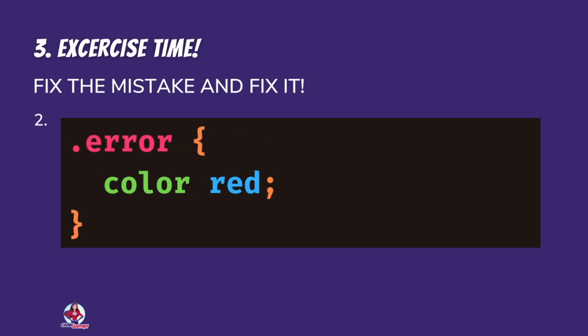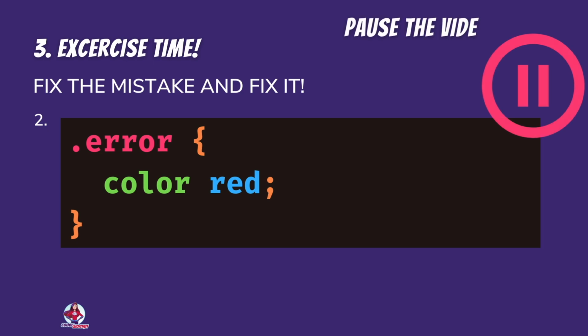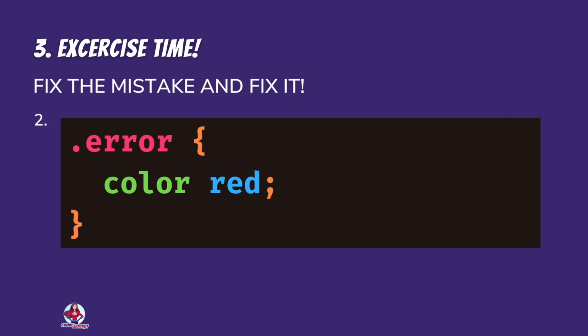The following code should make the text color of elements with the error class red, but it's not working. Please pause the video again, find the mistake, and fix it. What's the solution? The mistake is that there's no colon between the property and value. Go to the next one.